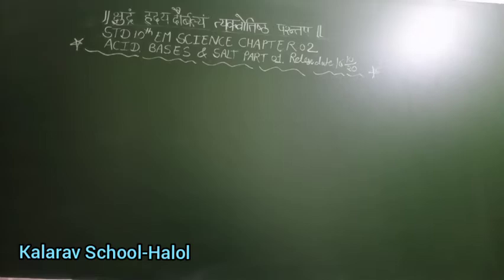If you put litmus paper in acid, the blue litmus paper converts into red. Whereas bases are bitter. Bitter means kadve, and bases change the color of red litmus paper to blue. See, if it converts blue to red, then it is acid, and if it converts red to blue, then it is base. This is the basic thing which you know about acid and base.